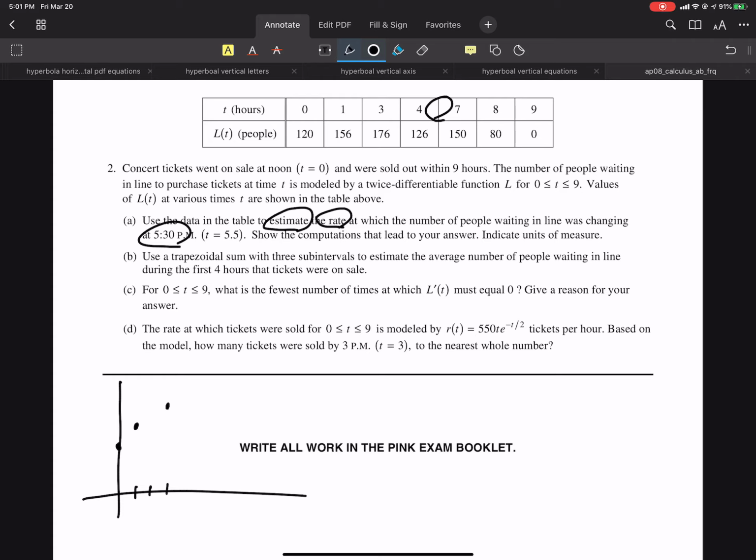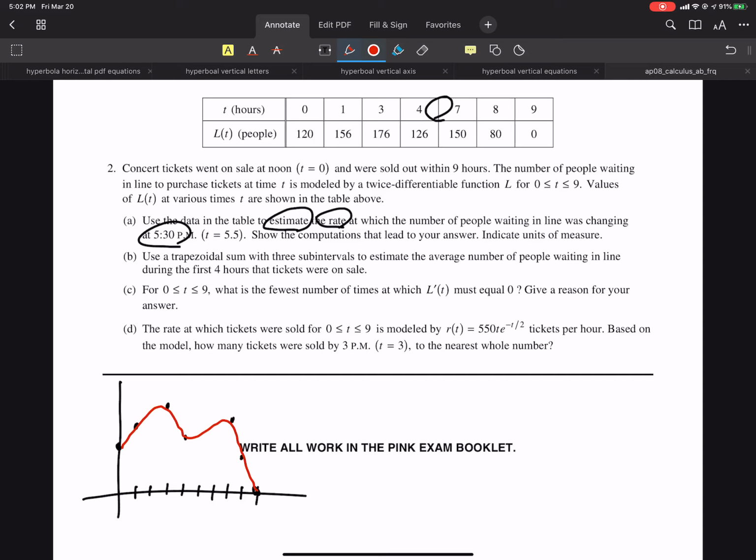At 4, it's starting to decrease, 126 back down here. 5, 6, at 7, it's gone up a little bit. And then at 8, it's gone way down. And at 9, we're at 0. So roughly we have some kind of a curve. I don't know what it looks like, but I'm just going to roughly draw this.